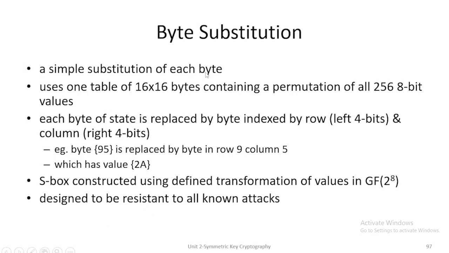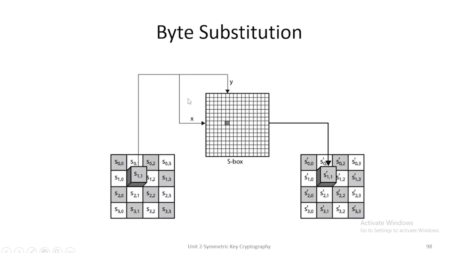Byte substitution means here we are taking only one S box. One S box contains 16 cross 16 values, that means a maximum of 256 values are available. So this is a single S box.